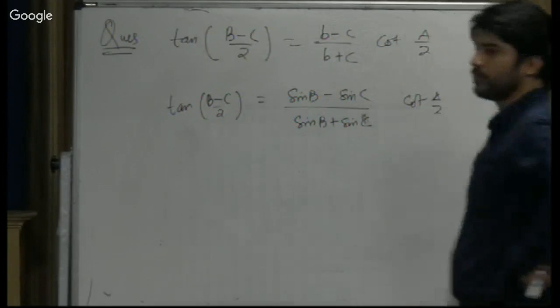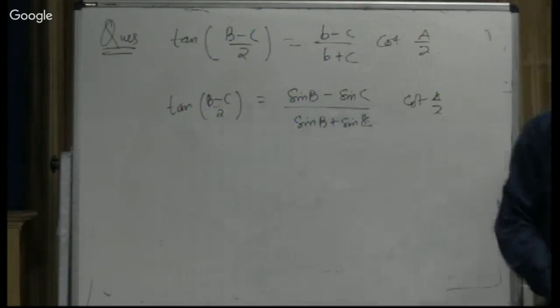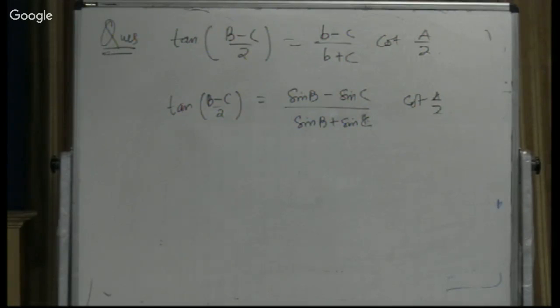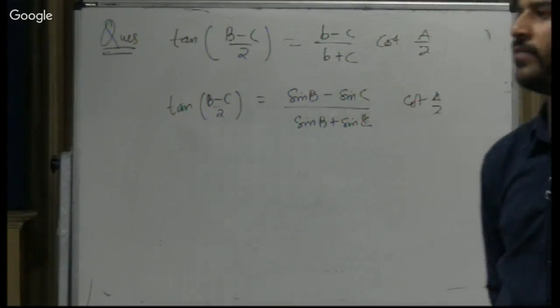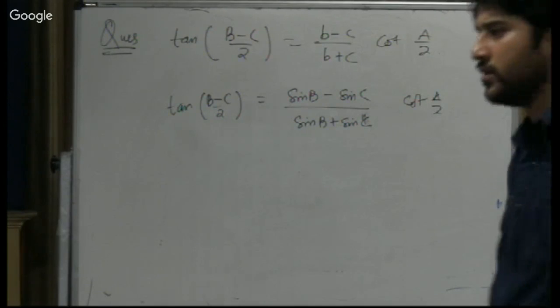कह सकता हूँ मैं? Now what is sine c minus sine d? 2 into sine (c minus d) by 2 into cos (c plus d) by 2.